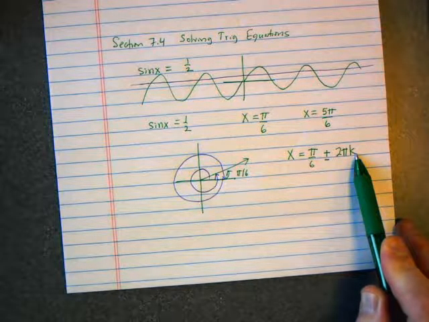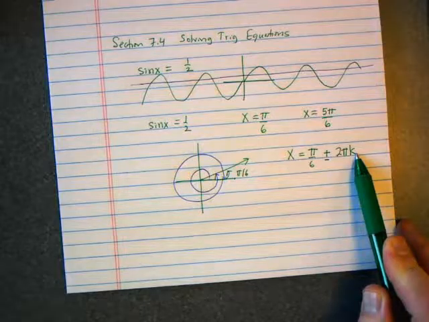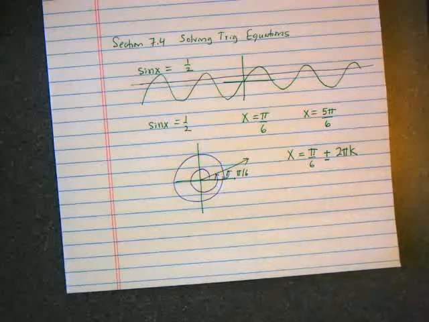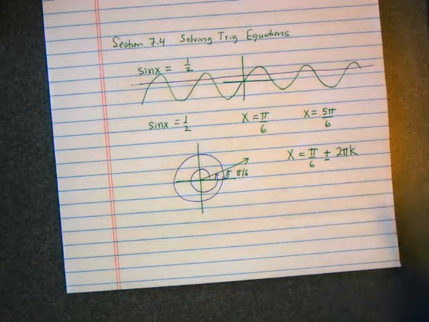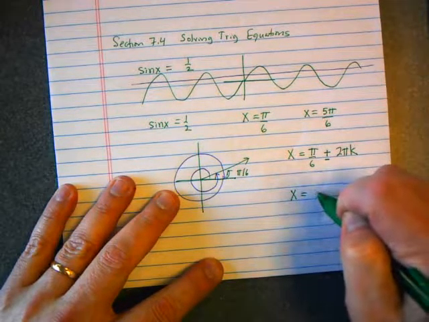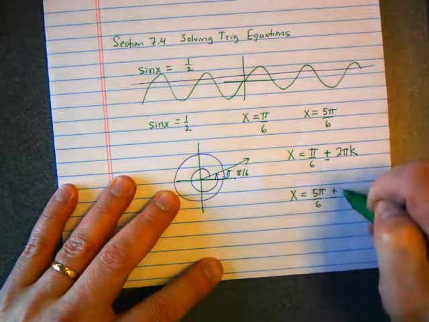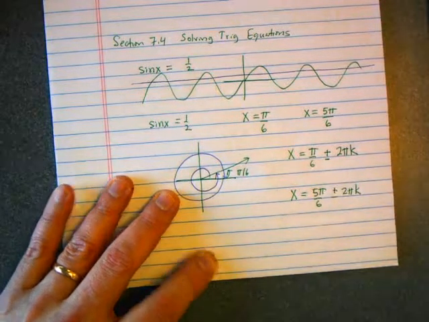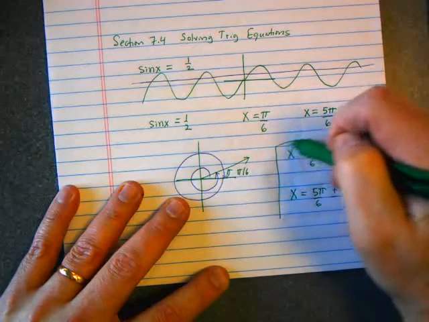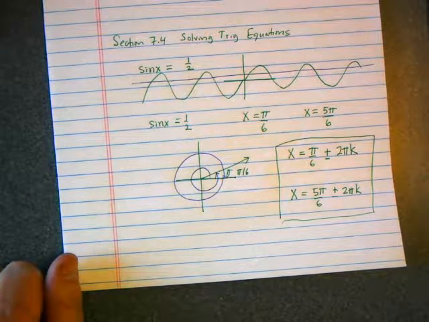The book might use n, actually. I always use k. And then the other answer is x equals 5 pi over 6 plus or minus 2 pi k. So there are an infinite number of answers, but we really only have to find 2 of them. We have to find the one in quadrant 1 and the one in quadrant 2. And once we have 2 answers, we have them all.